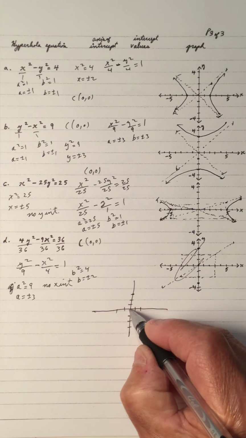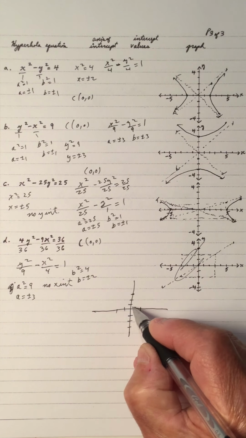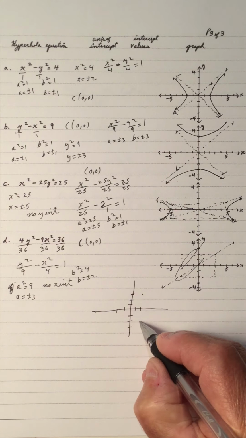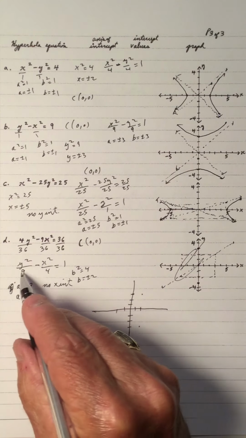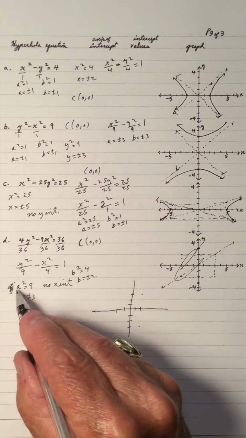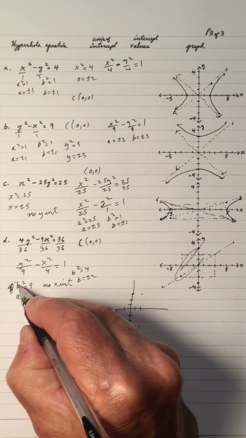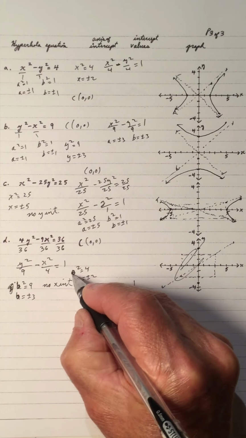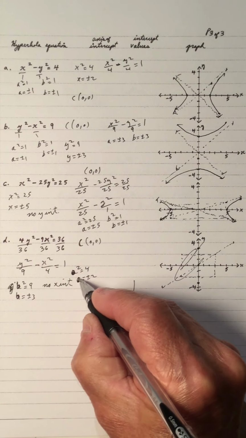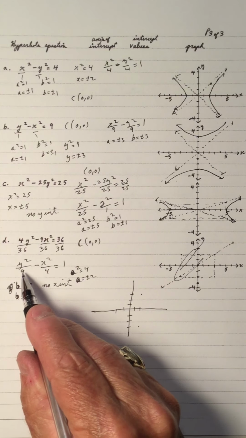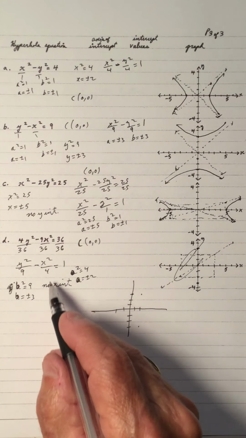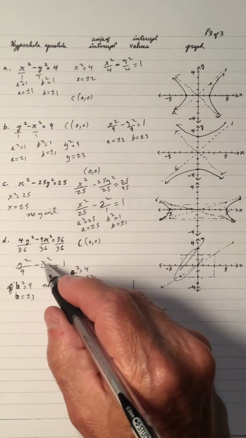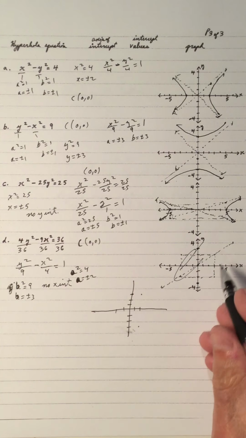So the corner of the box should be rise 3, and the horizontal stretch is 2 here. So the corners of the box should be here. See? B is 3, my mistake. Now careful, b is with the y, so b is 3, and a is with the x, so a squared is 4, a is plus or minus 2.